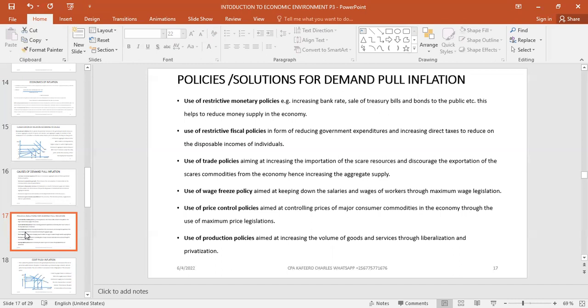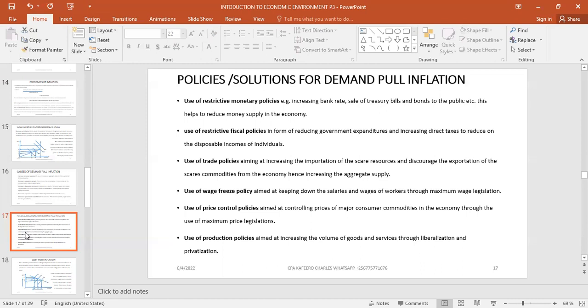When they increase that, it means they are reducing the disposable income of the individuals. When the disposable income of the individuals is reduced, the customers are going to be left with little purchasing power, which will eventually reduce the aggregate demand, hence controlling the demand pull inflation.